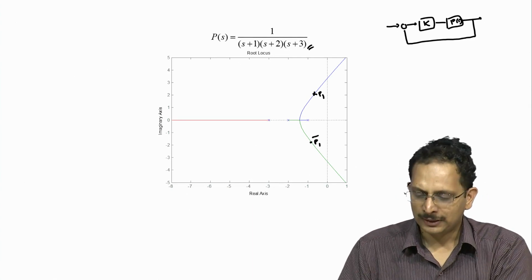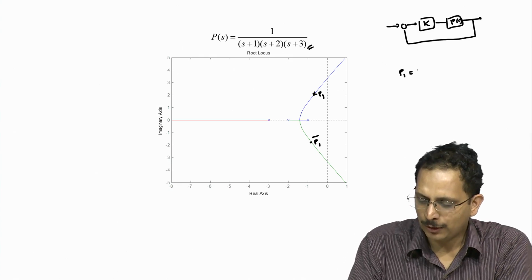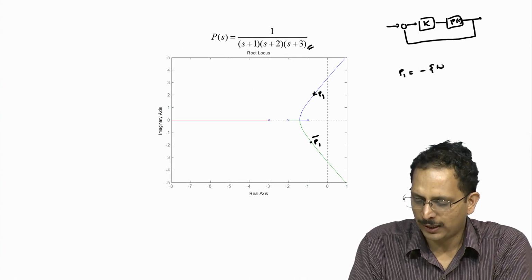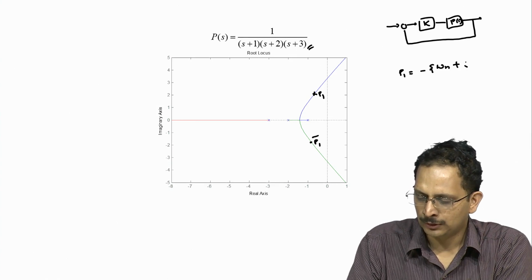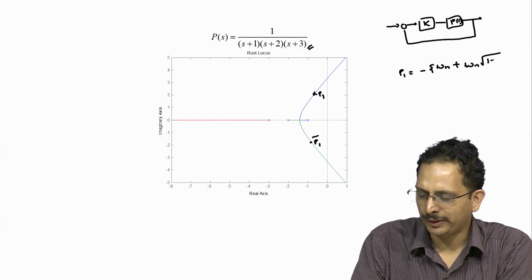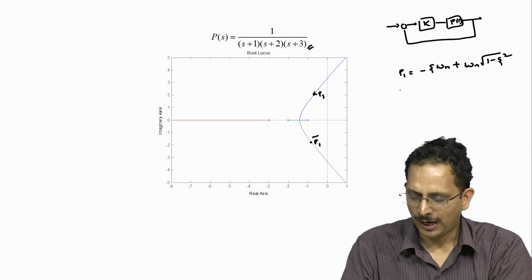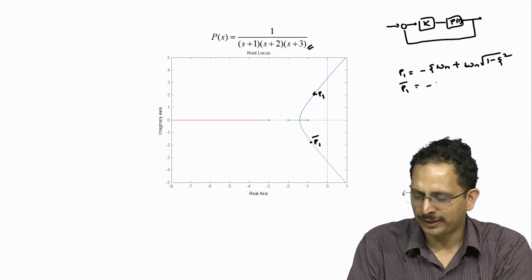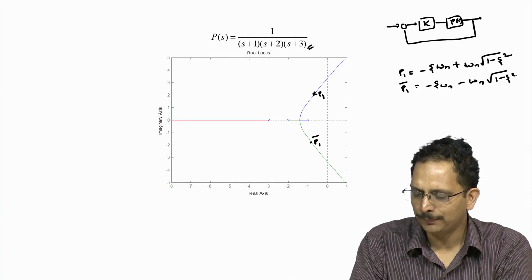to have a form P1 is equal to minus zeta omega n plus omega n square root of 1 minus zeta square, and P1 bar to be equal to minus zeta omega n minus omega n square root of 1 minus zeta square.